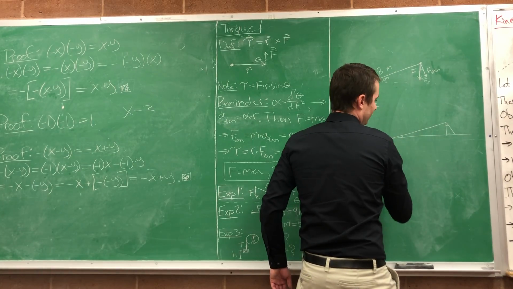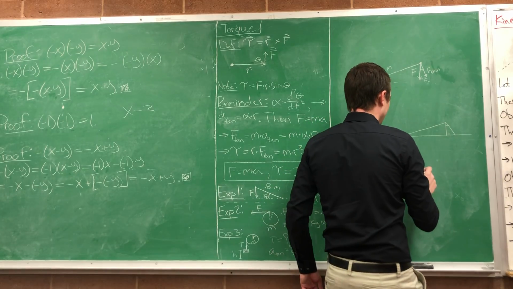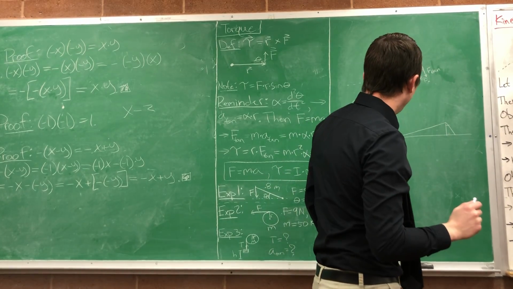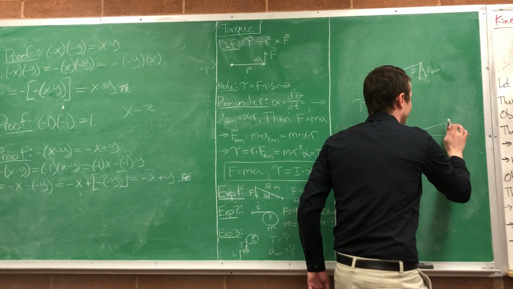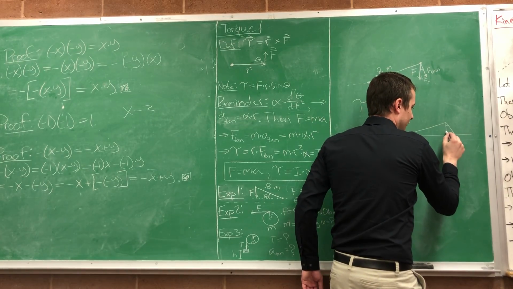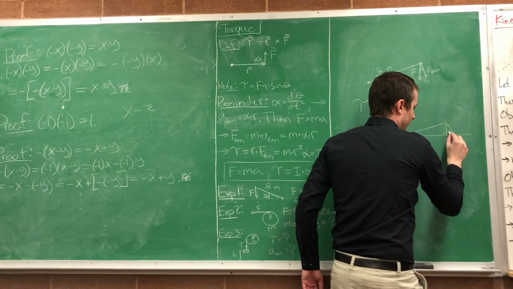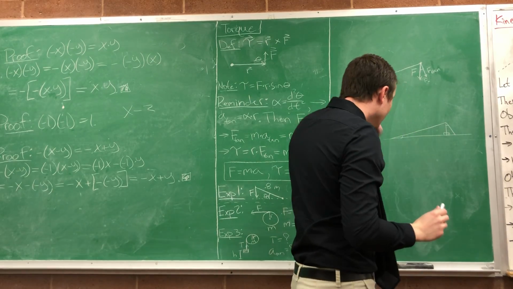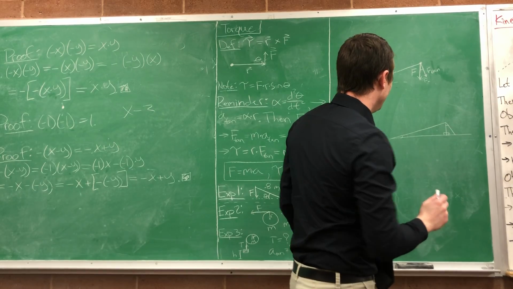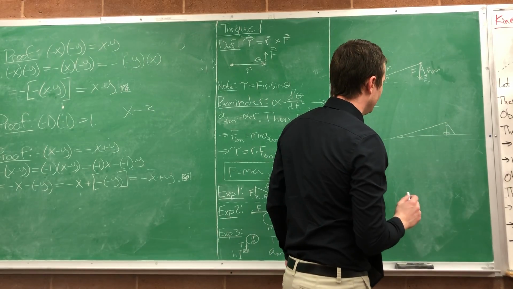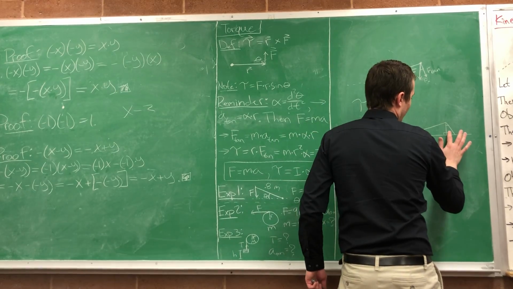How can I argue that these are similar really quick, even though my picture's lying? We know that's right and that's right. Do we compare it with the big triangle first?